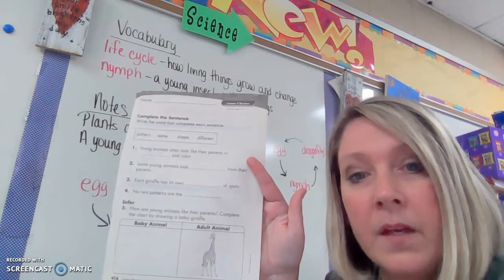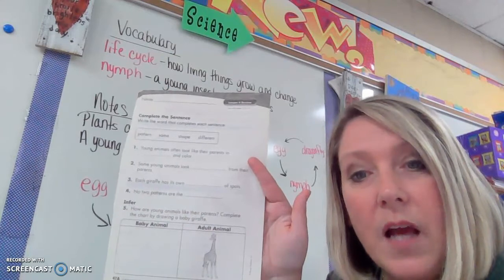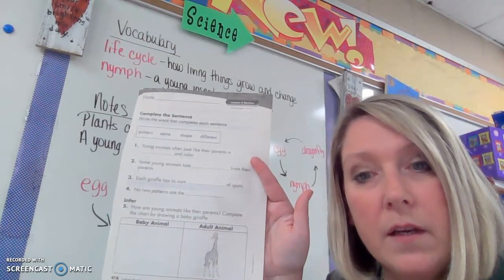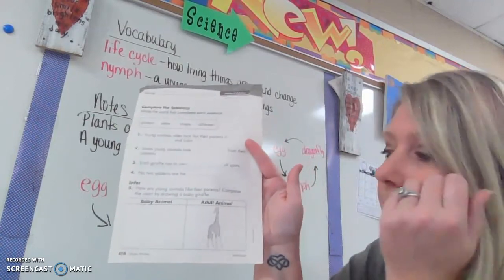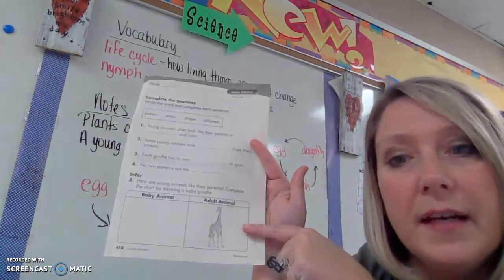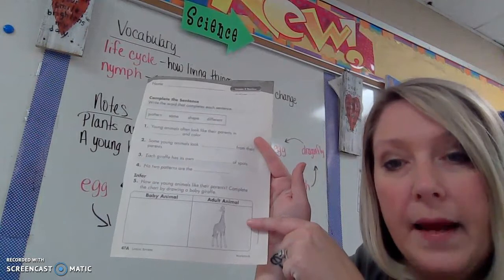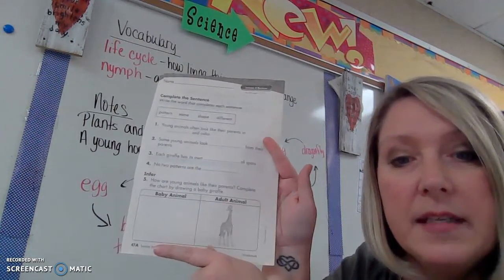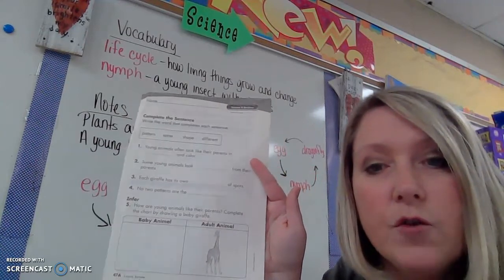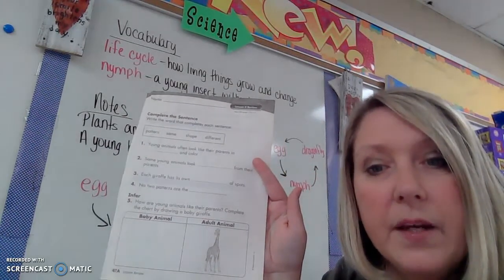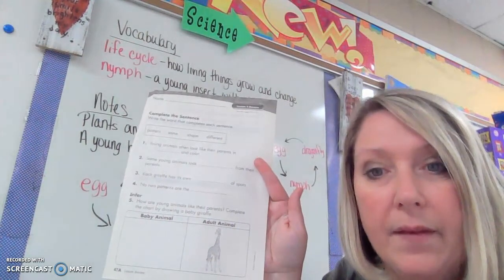You will use those words to complete the top part of your worksheet, using each word one time to complete your sentence. On the bottom, you have a picture of an adult giraffe. Beside it, in the empty box, I want you to try and draw a picture of a baby giraffe.